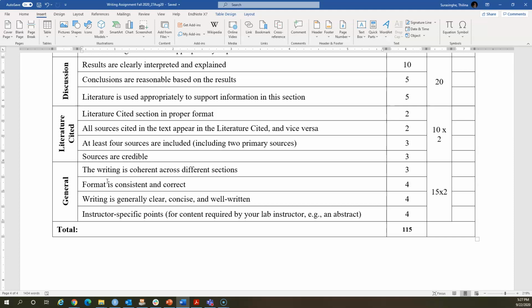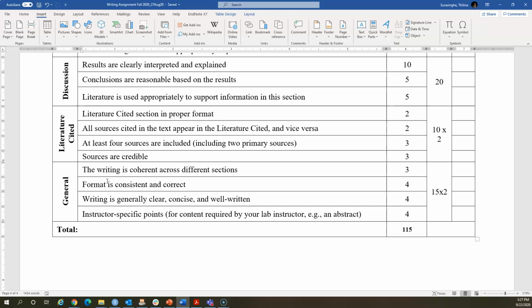Remember that the minimum two articles you cited in the introduction should be in the literature cited section, that you are using credible sources, a minimum of two primary literature, properly and correctly formatted.